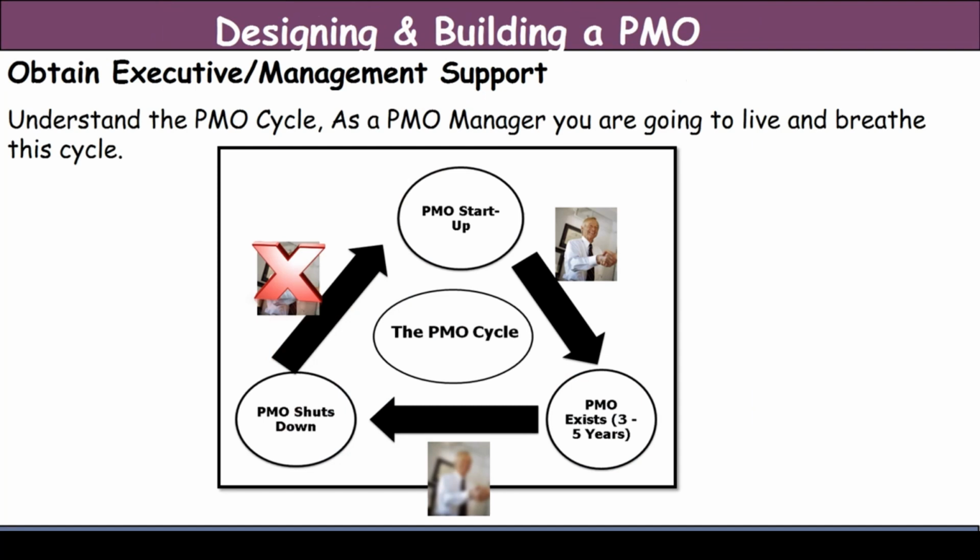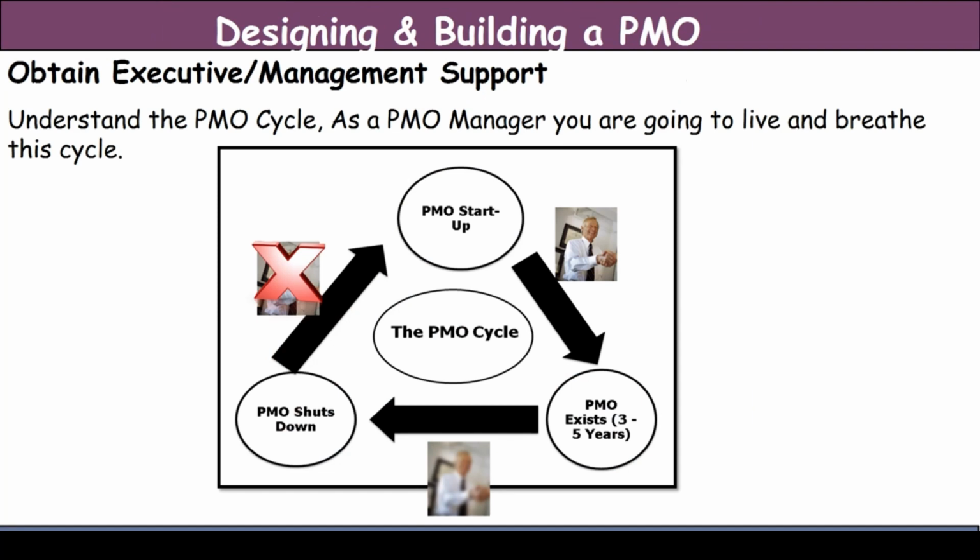Now, does the PMO go away? Yes, the organization itself goes away. Do the program and projects go away? No, not at all. Even the program and project managers, they'll often stay around, but they'll be assigned outside your PMO. Then what happens? Something major. And what would we do? Some executive gets a great idea, and that idea is to start up a new PMO.